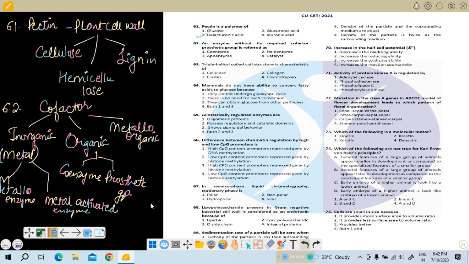Now organic we have coenzyme and prosthetic, right? So here we have a term holoenzyme. So holoenzyme means apoenzyme plus cofactor.